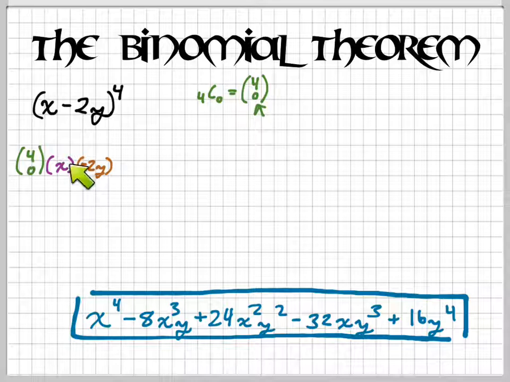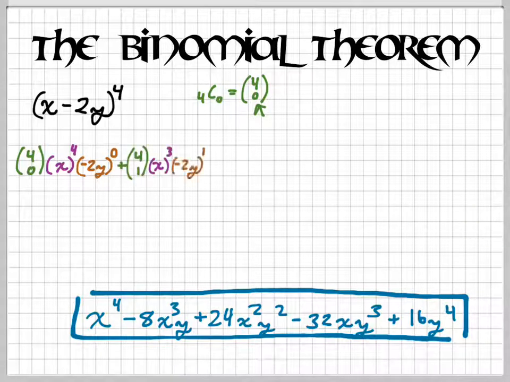So this first term and this second term both need an exponent. This first term right here always starts off with the exponent that is on the binomial. You see down here? You see the answer? It always starts off with it. And so the other one has a 0 for the exponent. That's going to give us our first term right here. We'll take a look at that in a second, but let's build the rest of it.